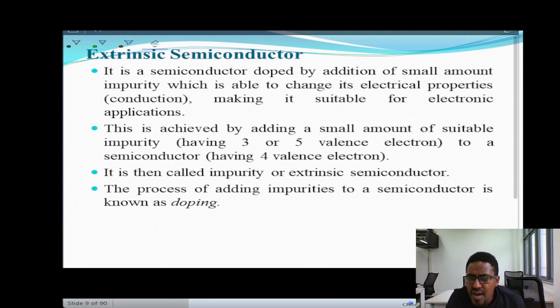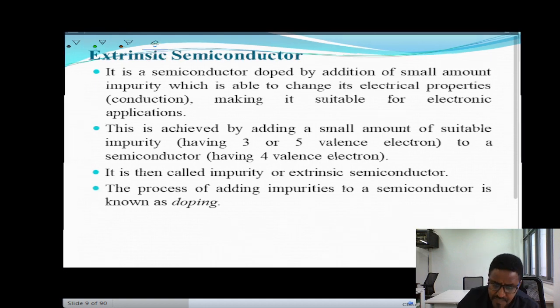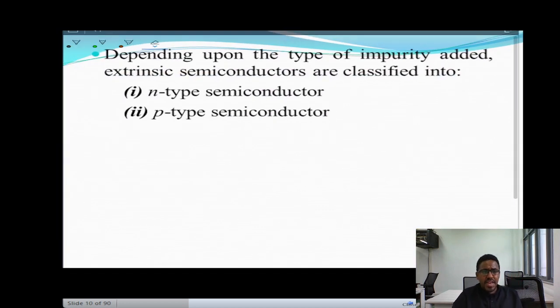The process of adding small impurity to a semiconductor is known as doping. Depending upon the type of impurity added, extrinsic semiconductors are classified into N-type extrinsic semiconductors and P-type extrinsic semiconductors. Let's see one by one.